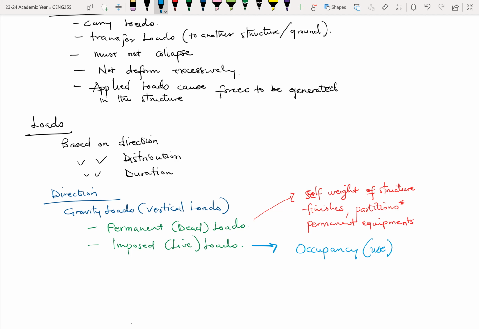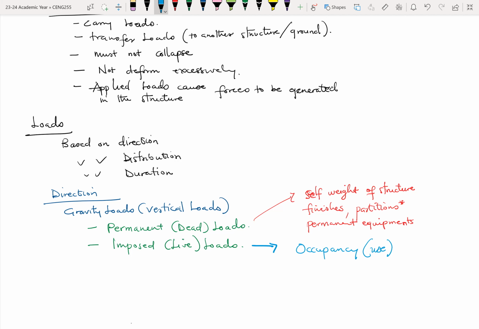Now in the church, things happen. People come around, they jump, they shout, they dance, and you'll see that the behavior of the occupants in these two scenarios is different. And that would also define how to design the structures.